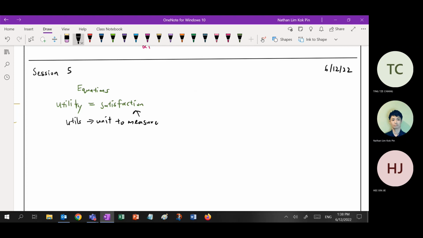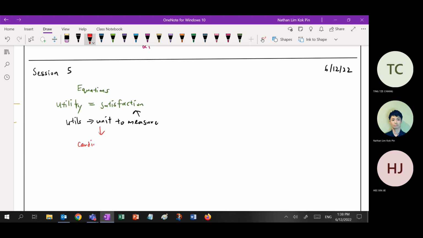Right? So if we want to measure satisfaction, what we use in this course is the traditional approach. The traditional approach is cardinal approach.